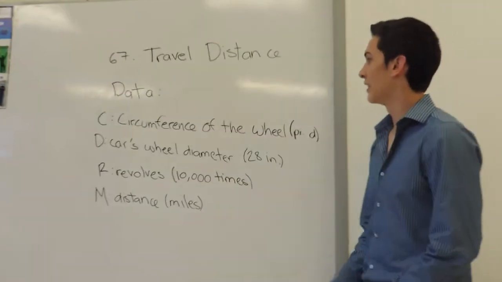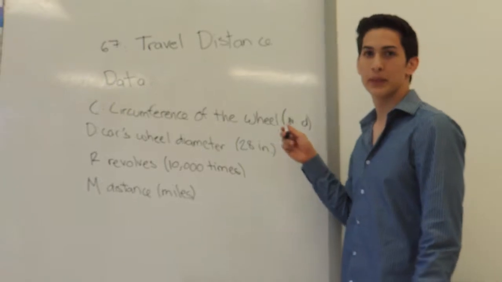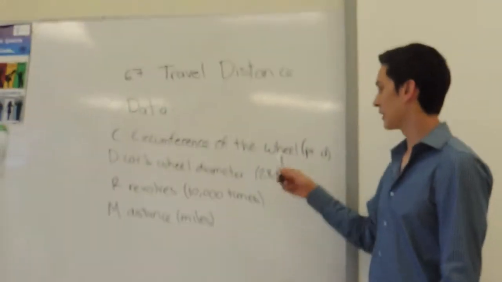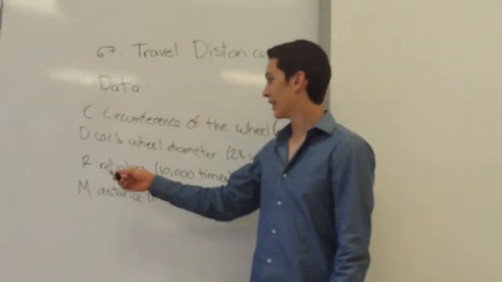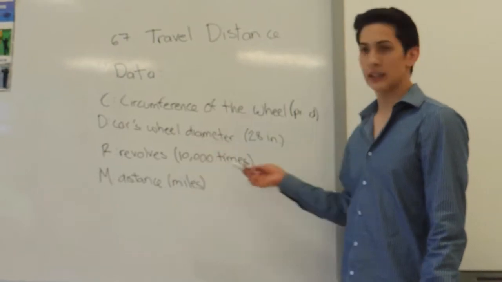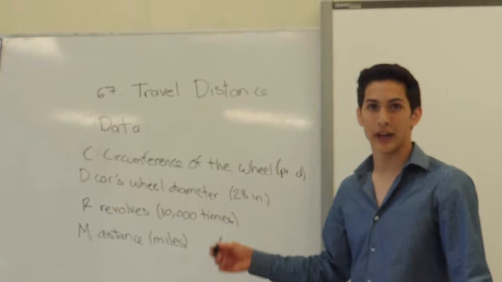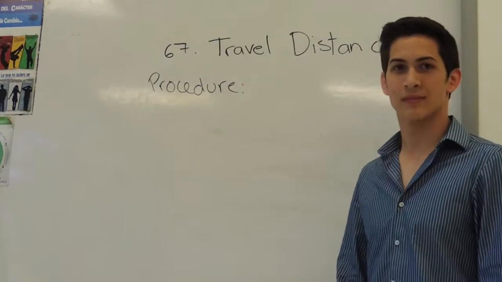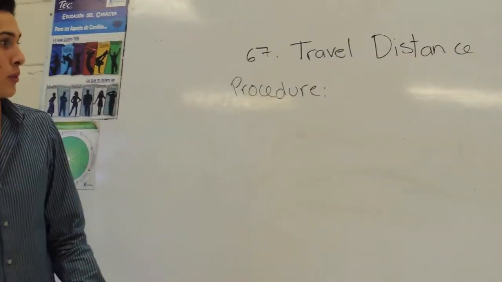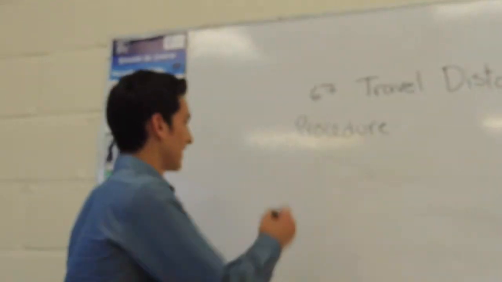So here's our data. C is the circumference of the wheel. That will be the formula pi times diameter. D, car's wheel diameter, that is 28 inches. R, that are the revolutions of the wheel, that is 10,000 times. And M, that means the distance in miles. So now we need to find a formula to solve this problem.